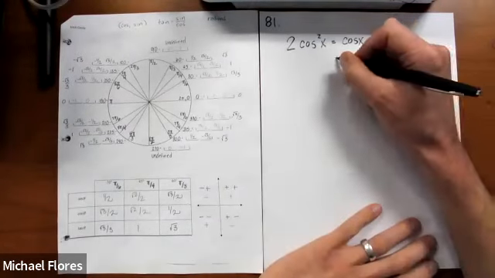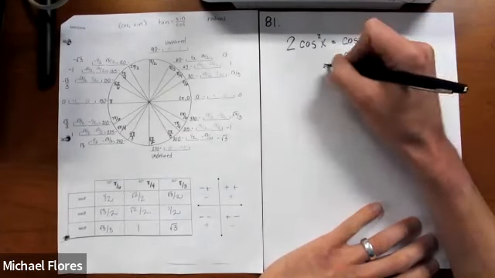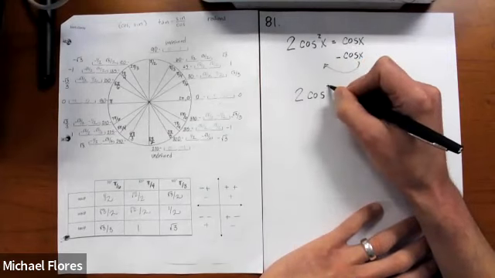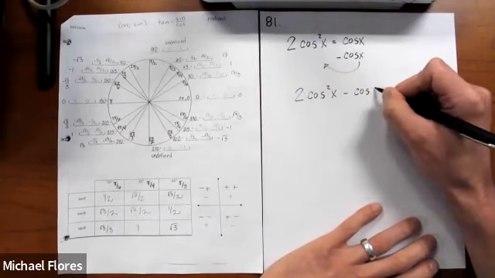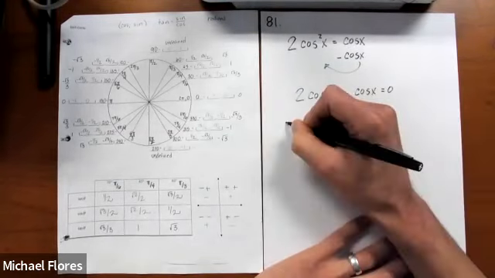Start this one by setting the equation equal to 0, and then factor out a cosine.